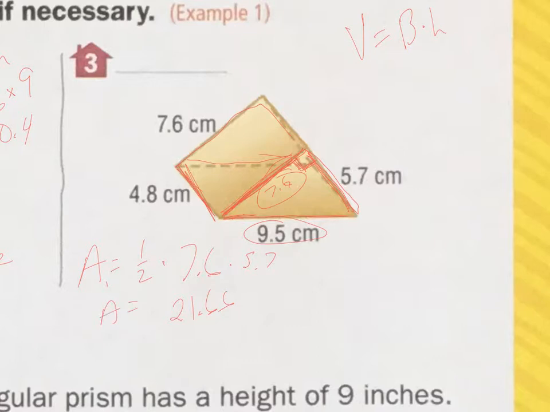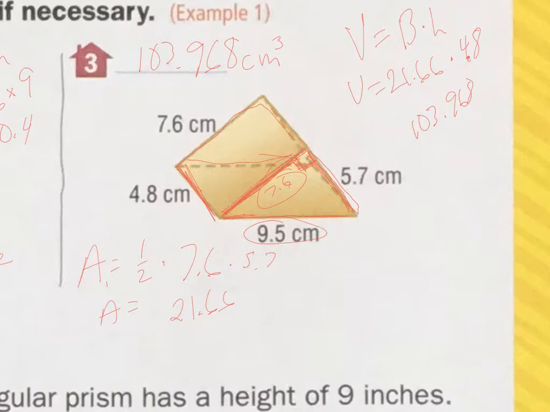That's the area of the triangle. So volume equals 21.66 times the height of 4.8. Let's see what we get here. Times 4.8 equals 103.968. The unit is centimeters and it's cubed. Okay?